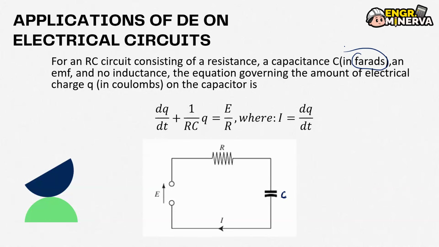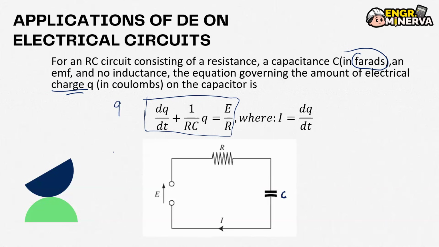We have no inductance in the circuit. And take note, the equation governing the amount of electrical charge on the capacitor. So in this differential equation, our dependent variable is the charge.